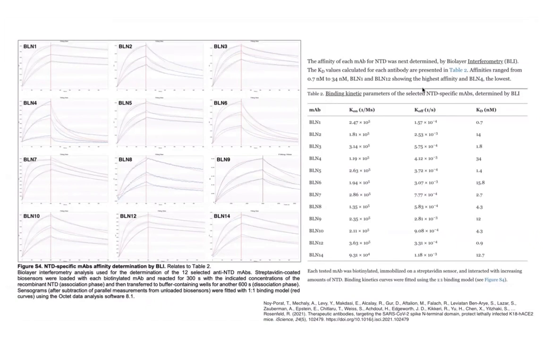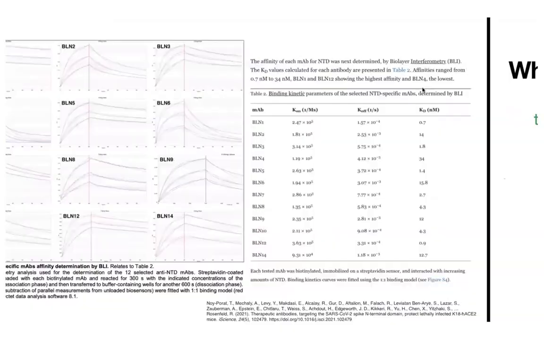We would expect BLN4 and 6 to have a higher KD, a lower affinity, than BLN1. If we look at the chart where they've calculated the KD based on their K-on and K-off, we can see that BLN1 has a KD of 0.7 nanomolar, whereas BLN4 has 34, and BLN6 has 15.8. So these are indeed going to have a higher KD, a lower affinity, than our BLN1. Basically, you can get the affinity data from kinetic data, but you can't get kinetic data from simple affinity data.